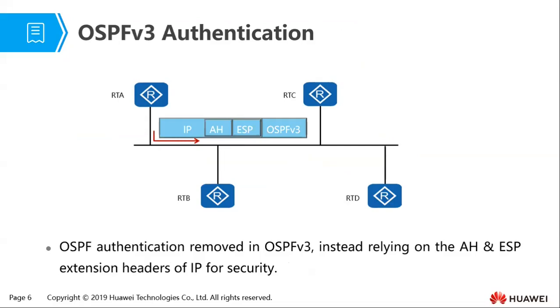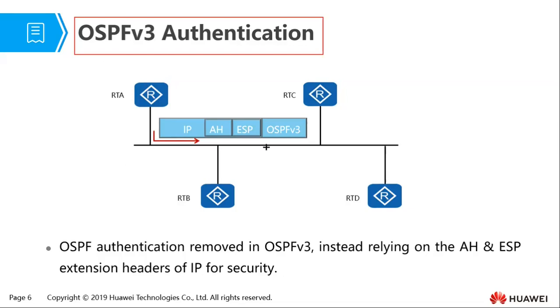The other thing that was removed in OSPF version 3 is authentication. In OSPF version 2, we had the authentication type field and also the authentication value field. In OSPF version 3, we do not have authentication.